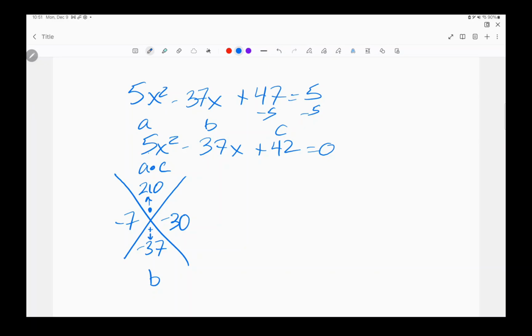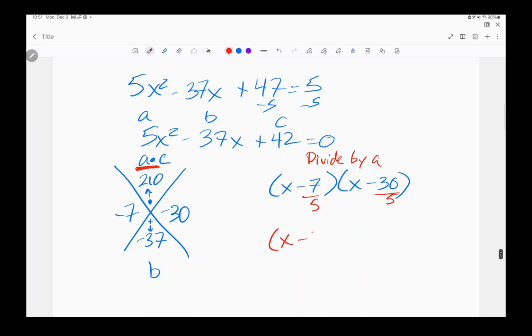Because what we're going to do is write these as our factors, x minus 7 and x minus 30. And since we multiplied by a, we have to balance this out by dividing by a. So divide by 5, we get x minus 7 over 5 and x minus 6.